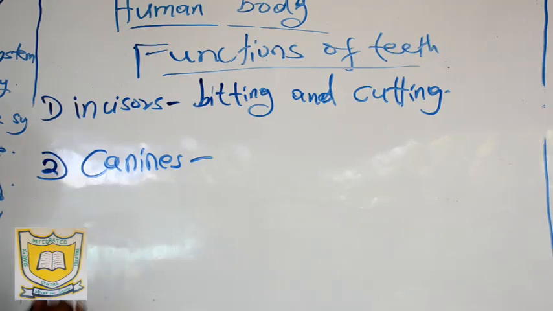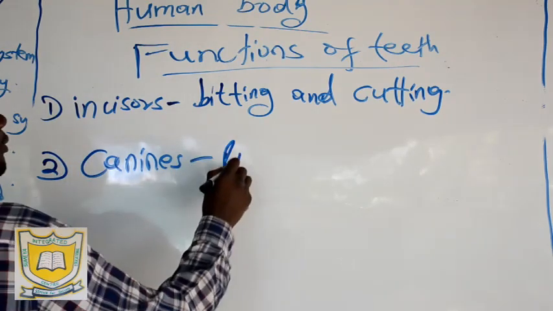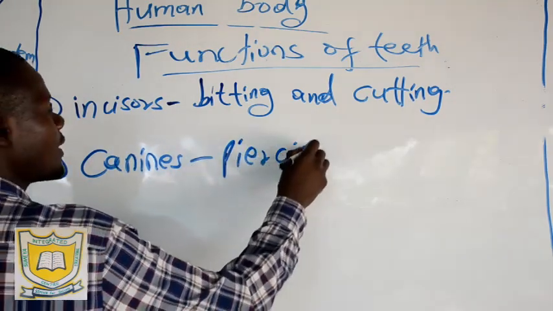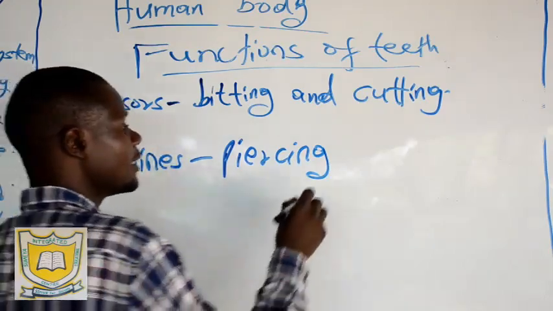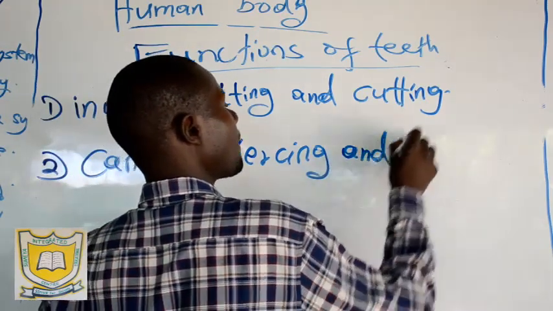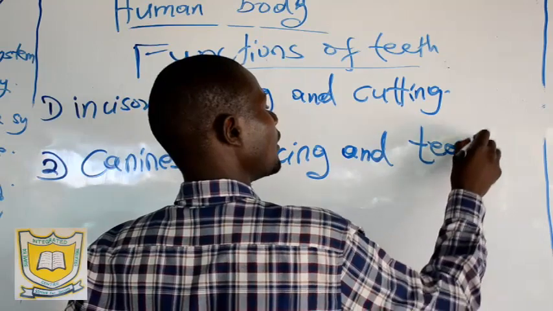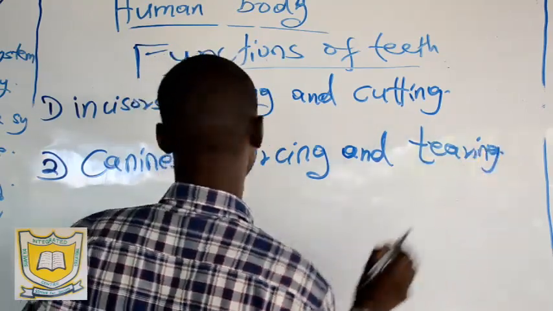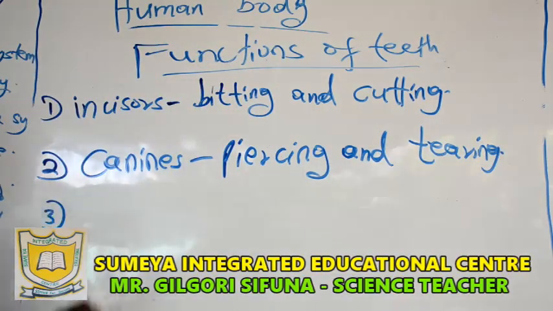You find that the function of canines is piercing and tearing.